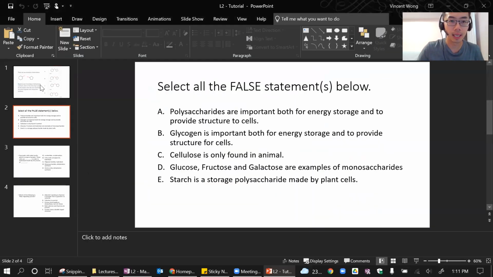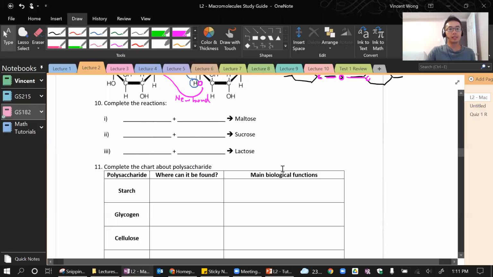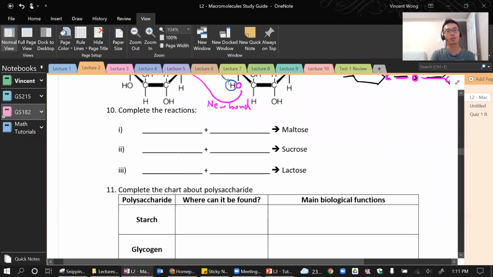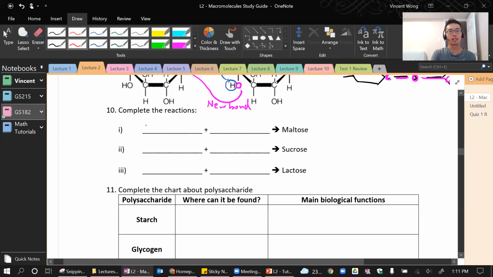Okay, let's keep going. Complete the reaction. So something plus something is going to give you maltose. Well, we would take a glucose plus another glucose that would give you maltose.